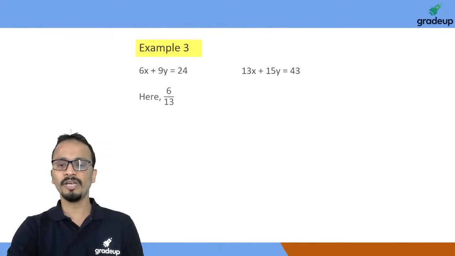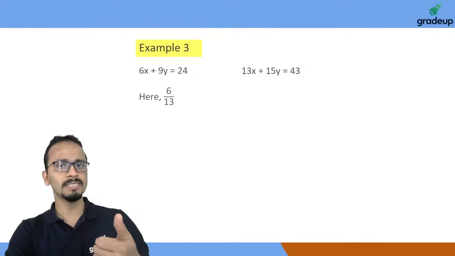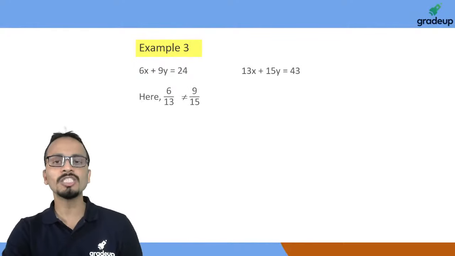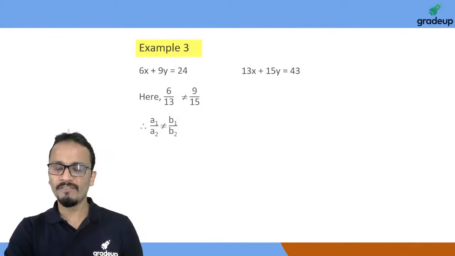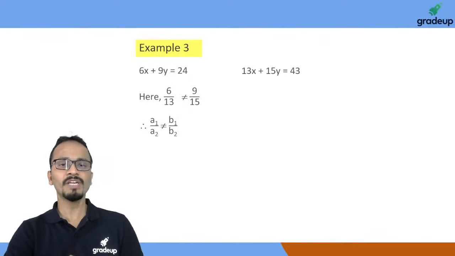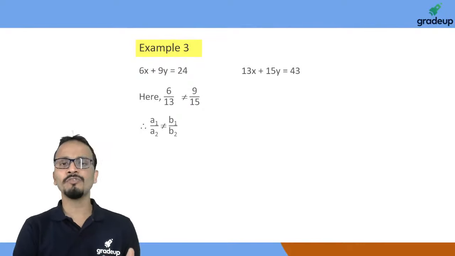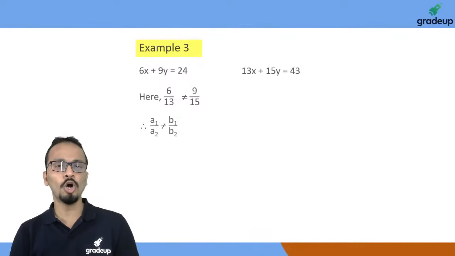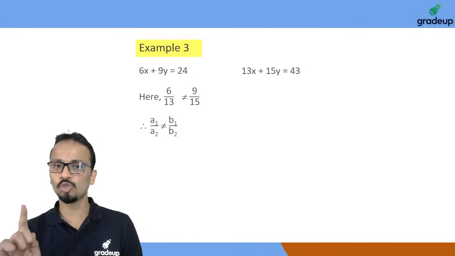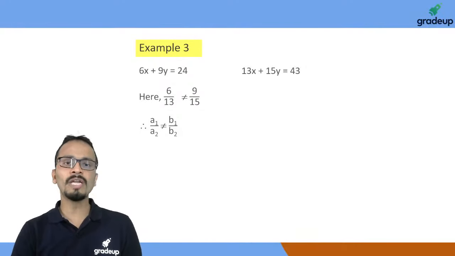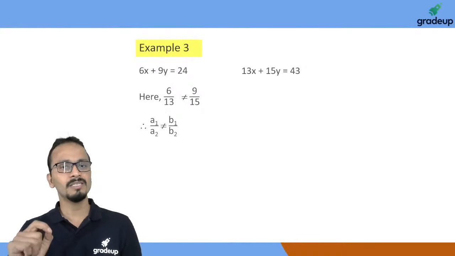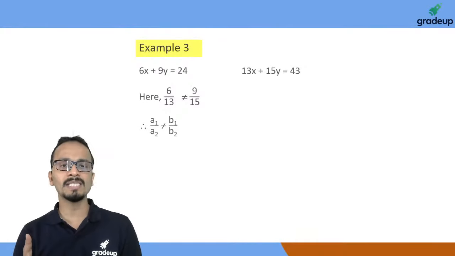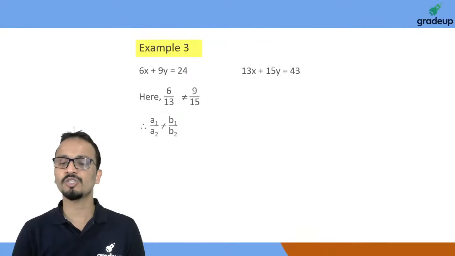If I calculate the ratios, 6 upon 13 is not equal to 9 upon 15. So A1 upon A2 is not equal to B1 upon B2. This is neither the condition for infinite solutions nor the condition for no solution. So if we don't have infinite solutions and we don't have no solution, then there is only one situation left. We will have a unique solution.